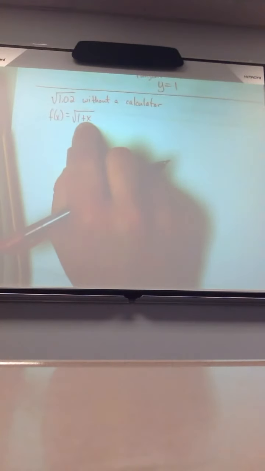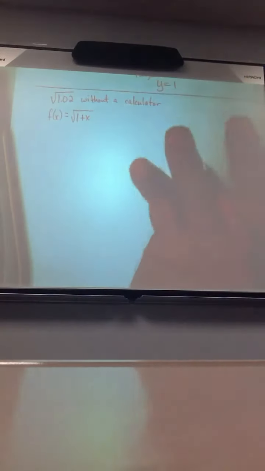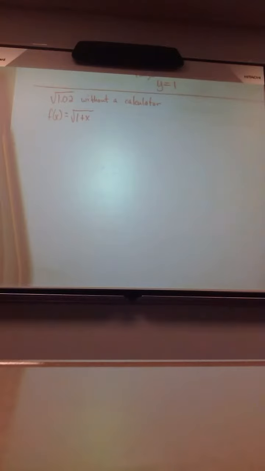So now, if I can find the equation of the tangent line to that, then can I just plug in 0.02 for x, and that should give me what the square root of 1.02 is? See how that makes sense?